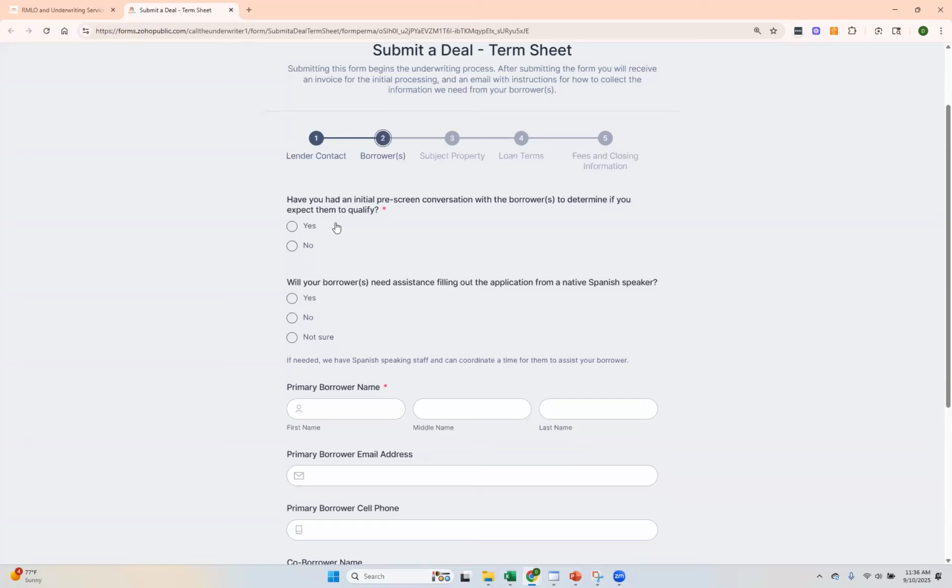Can they document their income? That kind of thing before you make an agreement with them to sell them a property and start going through the underwriting process and all those other things. Most of the showstopper issues you can suss out early. So this question is here just as kind of a reminder to do that if you haven't.